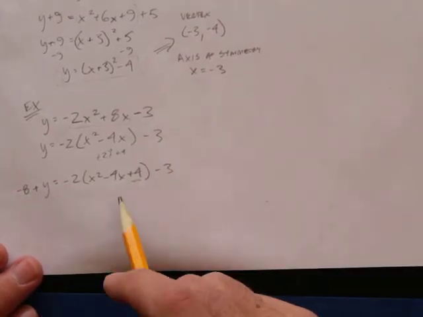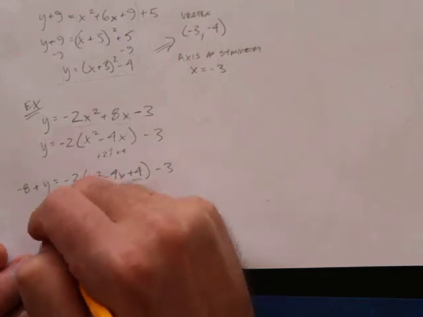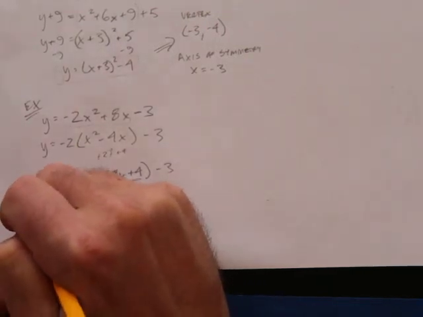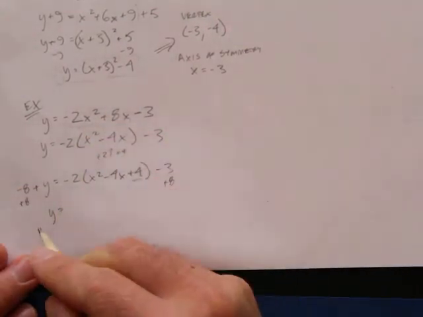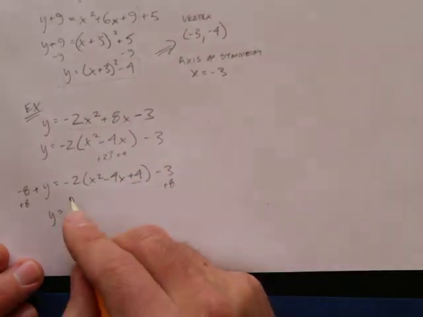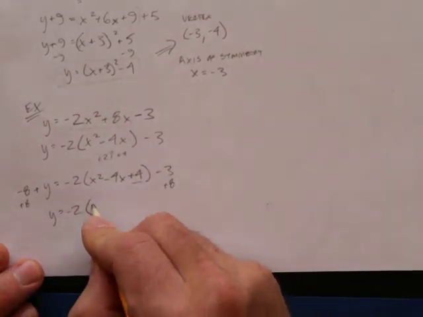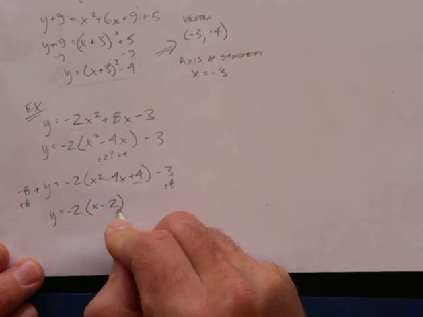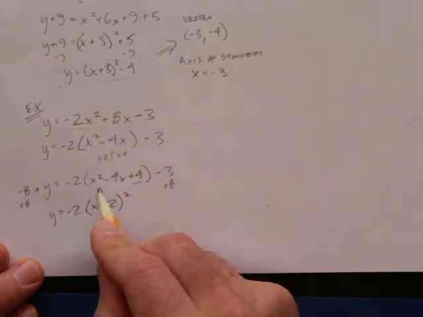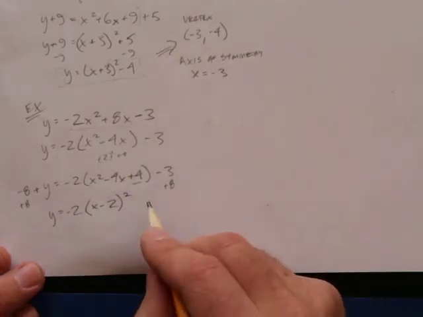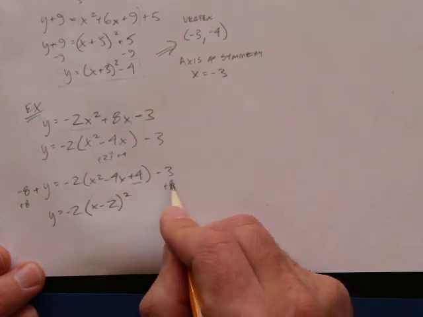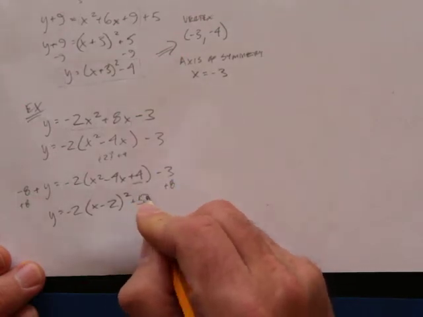Okay, now we just move on here, all right? So y equals, I'm going to add 8 to both sides so I can get the y by itself. And then I've got negative 2 times x minus 2 squared, right? That's what this is, x minus 2 squared. And then negative 3 and positive 8 is going to give me a positive 5.